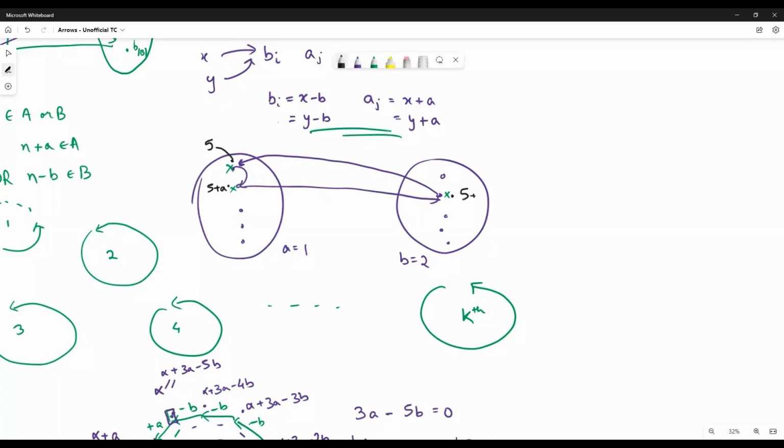Then 5 plus 2a minus b. But now, in terms of numbers, what's this? 6. We add 1 while going to a, we subtract 2 while going to b. So this is 4. We add 1 again while going to a, and this is 5.